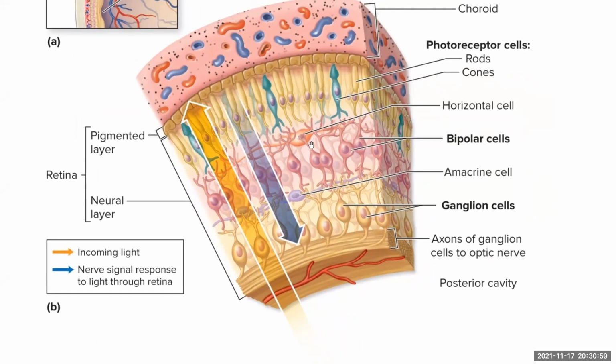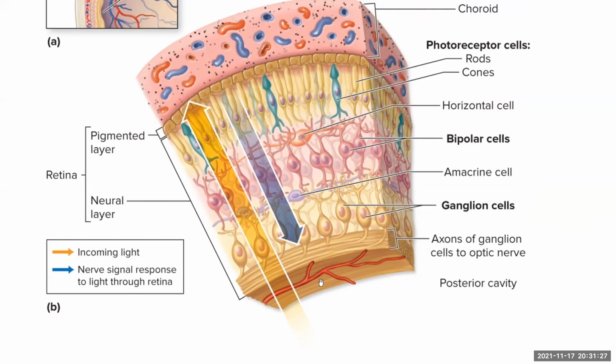Then we have the next layer, our bipolar cells. And look at the shape of the cells. They are bipolar. There's the cell body. One process is going one way and another process is going the other direction. These are the bipolar cells. And then you have your ganglion cells. The ganglion cells are going to be the ones that will eventually form the optic nerve. And then scattered in between these layers, you can see the horizontal cell and the amacrine cell.